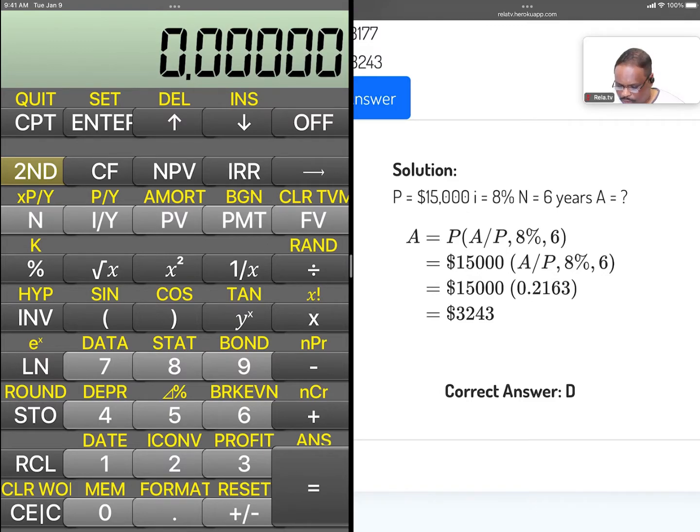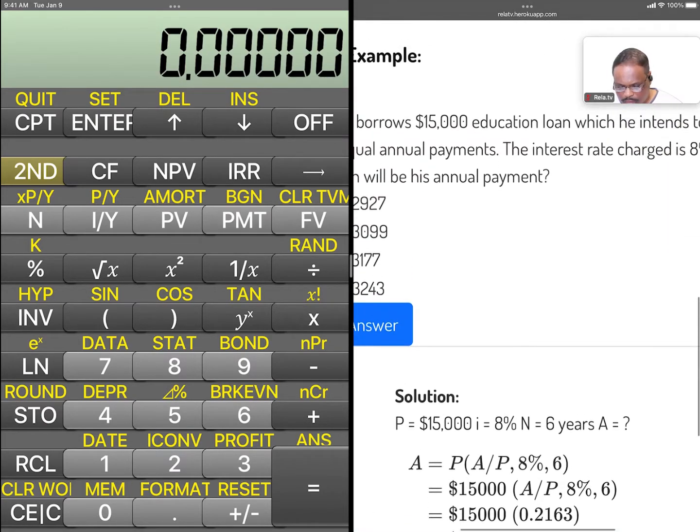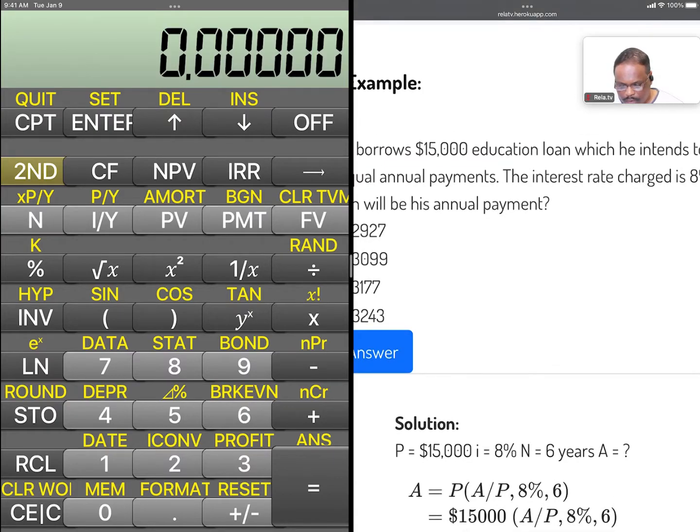The calculator which I'm using here is the BA II Plus, a pretty standard one. Let's solve the same problem. Here the present value is 15,000 because at present he is getting a loan which is equivalent to $15,000.